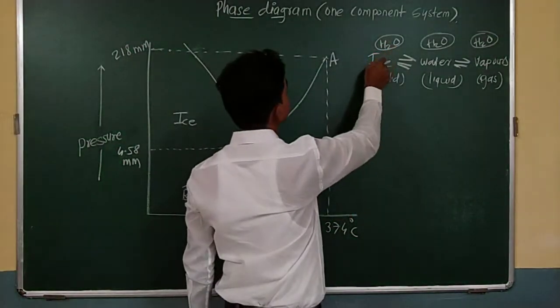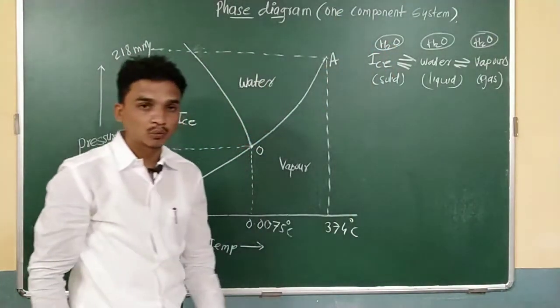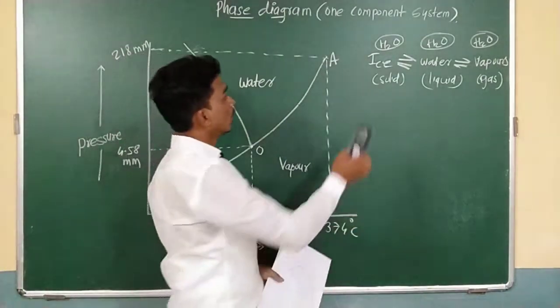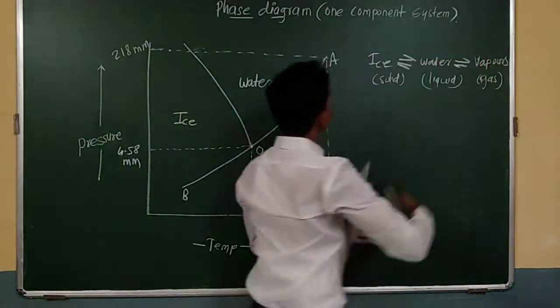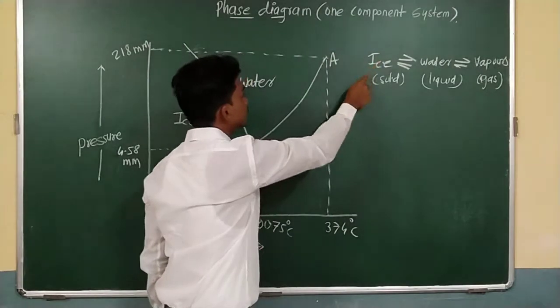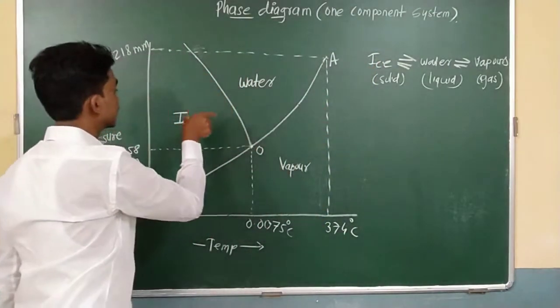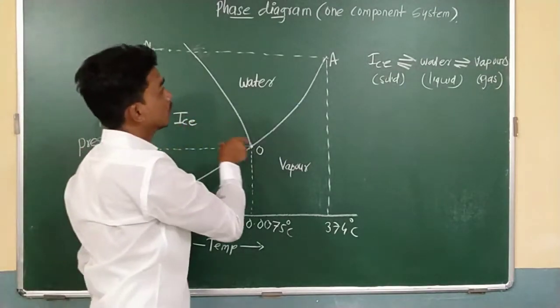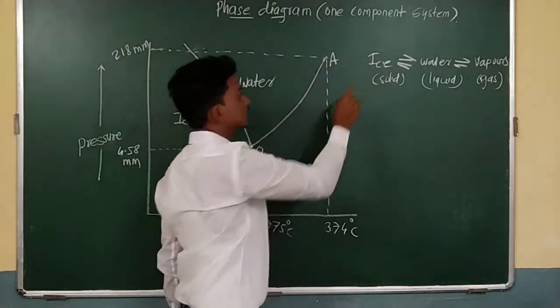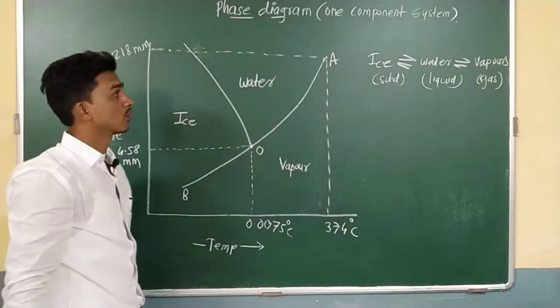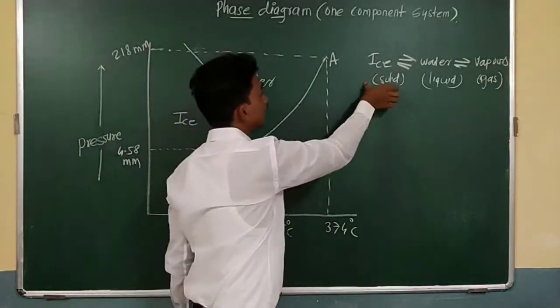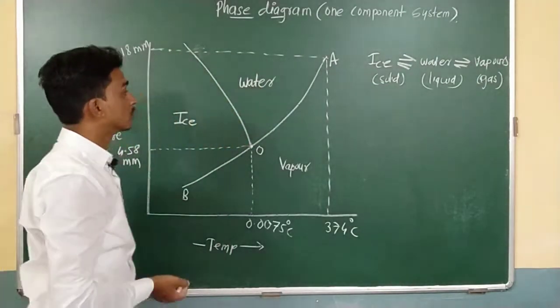So this system is known as a one component system. We have chosen this example to draw the phase diagram of a one component system. The system is made from water molecules, that is a one component system.